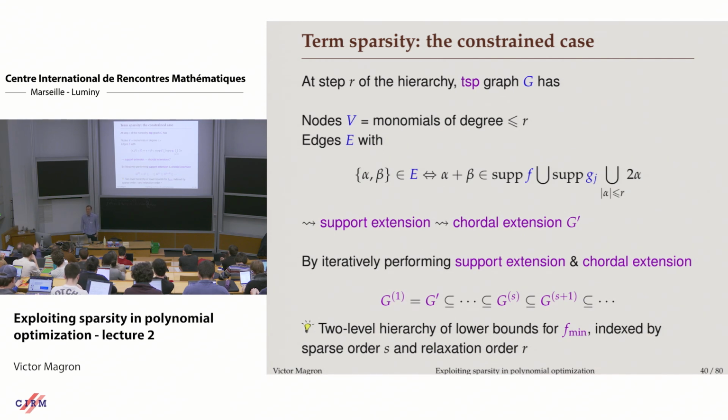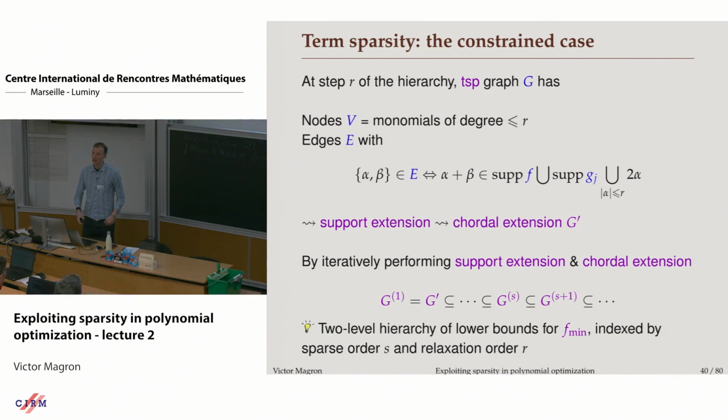Yes? So when you have such successive extensions, do you have a way to reuse some of your computation at one stage in the next one? I guess so. Thank you. So yeah, I didn't really talk about the algorithmic aspects of computing the chordal extension.